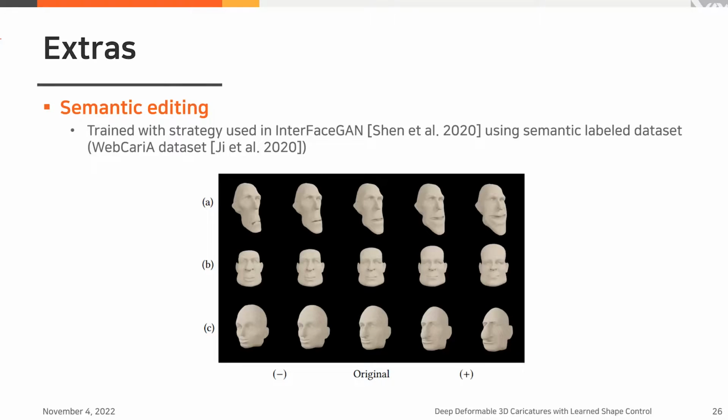So by finding the direction that, no, maybe I think, I didn't look deeply into it, so I'll just pass on this part. Maybe I'll tell you the details later on.